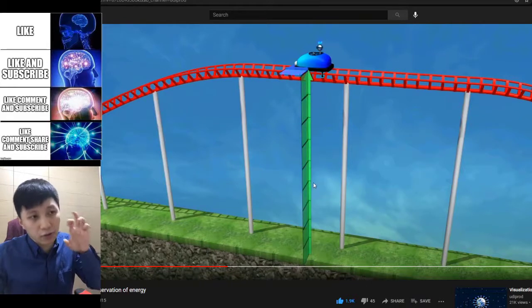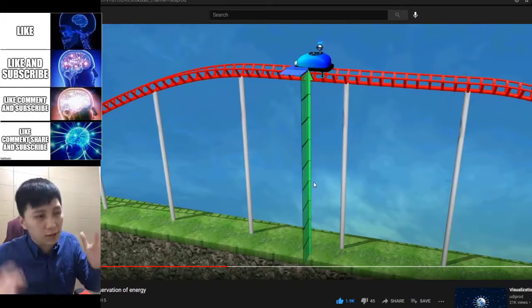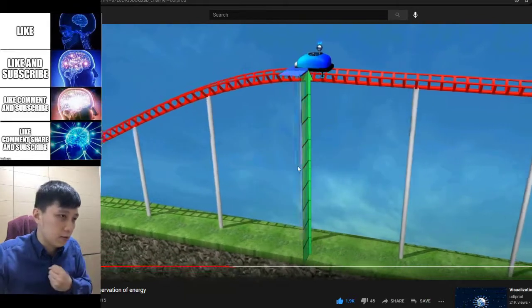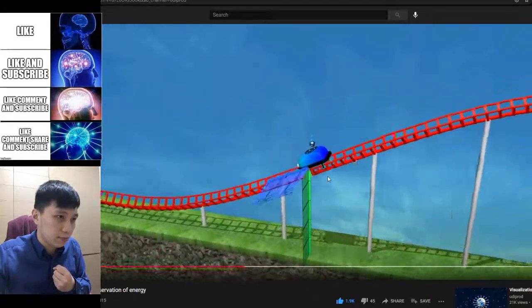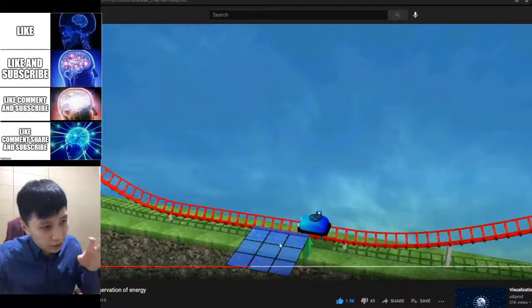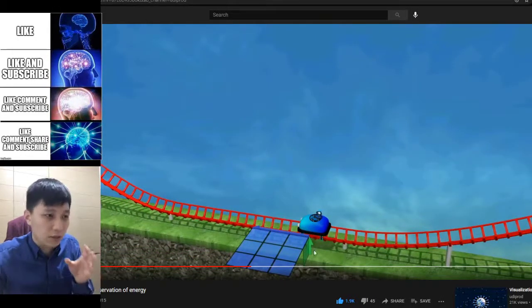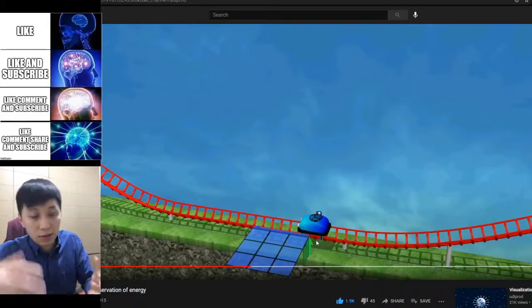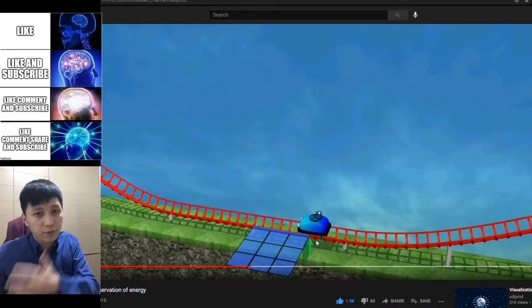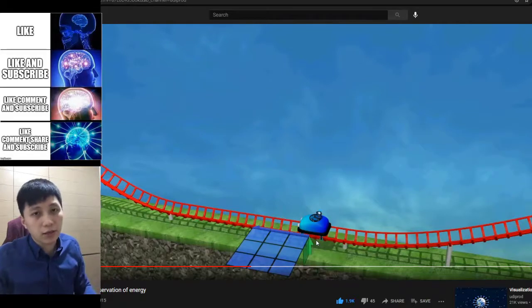So 9 units of GPE, 1 unit of KE. And when you go down, as you can see, now KE would have 9 units and GPE will have 1 unit. So this is the conversion from GPE to KE.